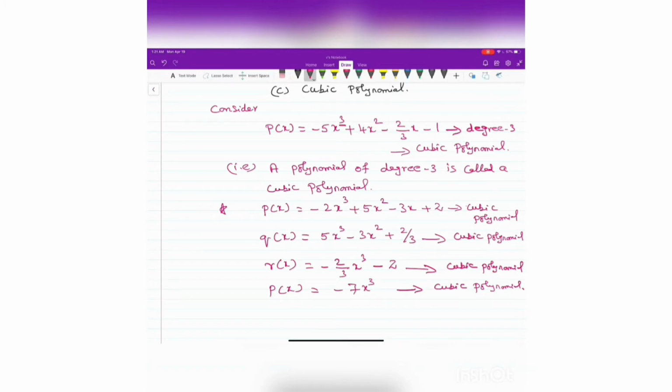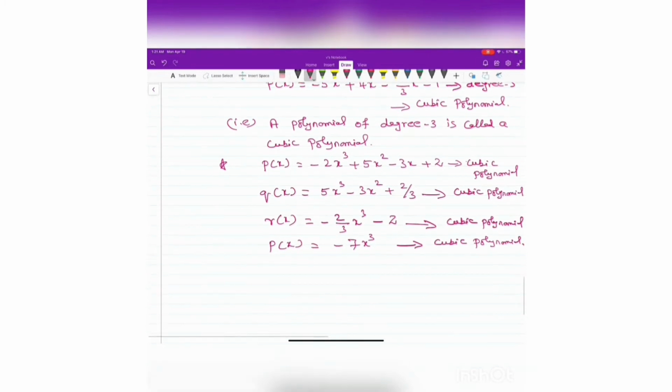So what do you observe from here? A cubic polynomial can be a monomial, or it could be a binomial because two terms are there, or it could be a trinomial. Here you are having 4 terms, therefore this polynomial is called a quadrinomial. So let me write it in statement form.